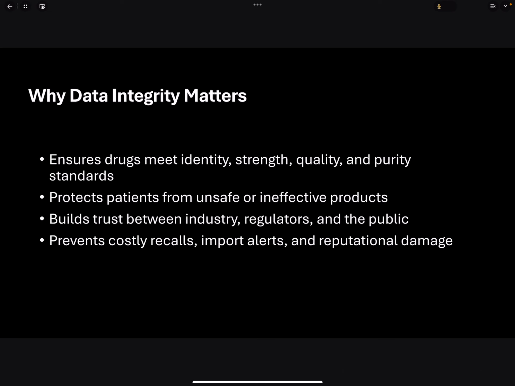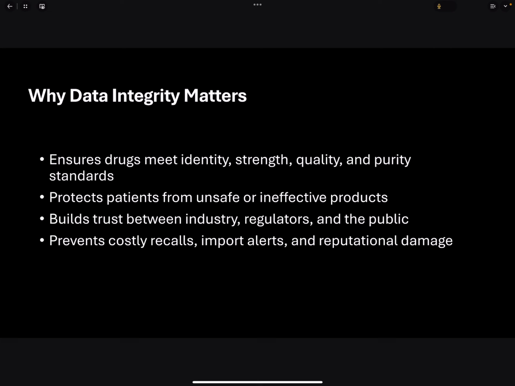So, why is all this such a big deal? Because data integrity is directly tied to patient trust and product quality. When we lose control of data, we lose control of product. The FDA's entire CGMP system relies on the assumption that your data is honest and reliable.